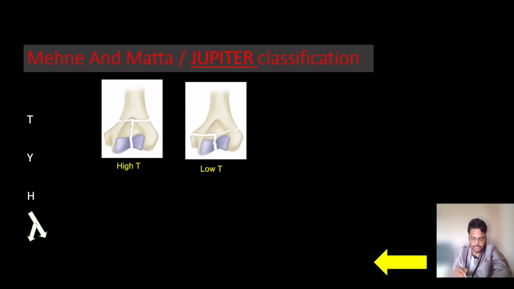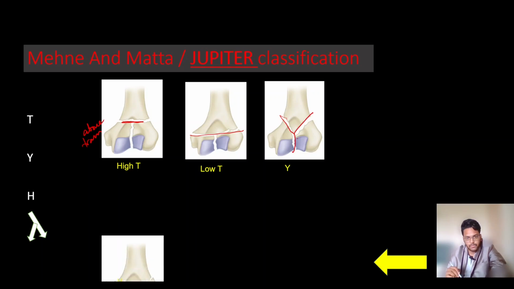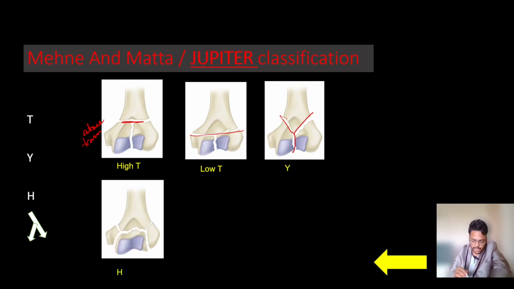So the first one is high T, that is, the metaphyseal fracture is above the transcondylar axis. If the fracture is going through the transcondylar axis, that is low T. Coming to the Y type of classification, where the fracture is in the shape of Y. This is Y and this is H. The medial condyle is separated, the capitulum is separated, and the fracture is again going through the transcondylar axis.